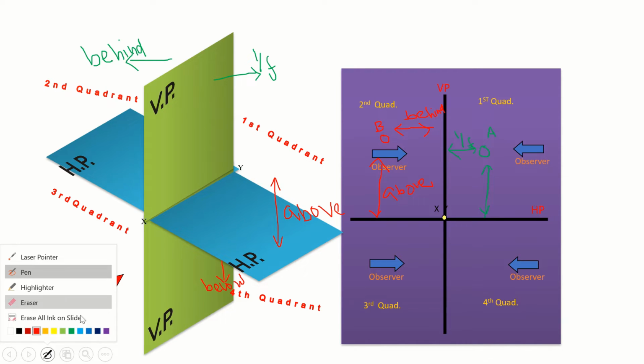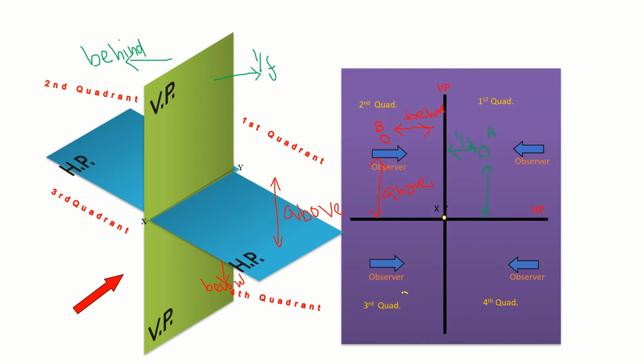Now another point is in the third quadrant, the point C. How do we denote this with respect to the horizontal plane?